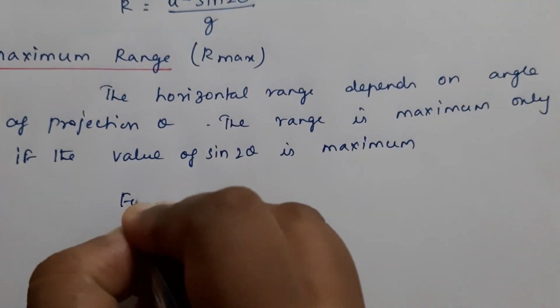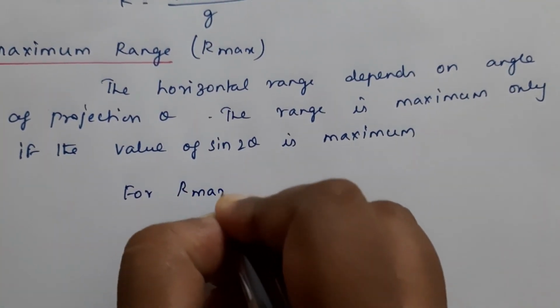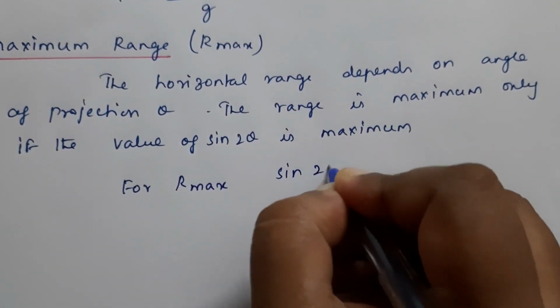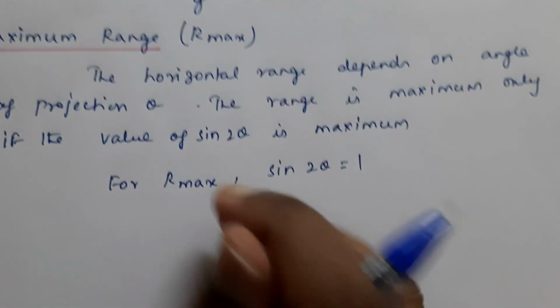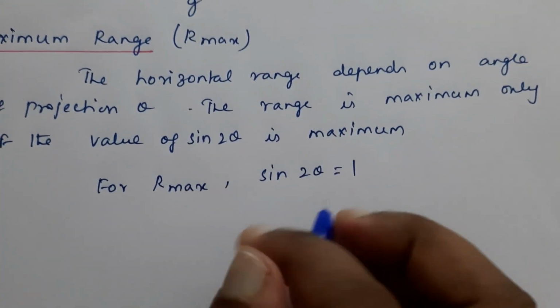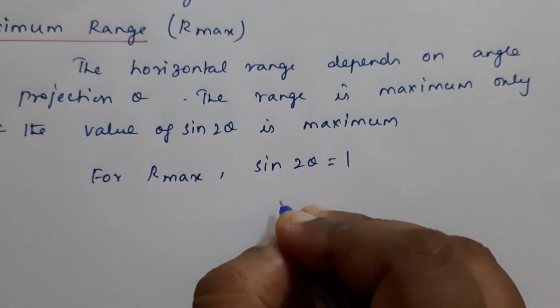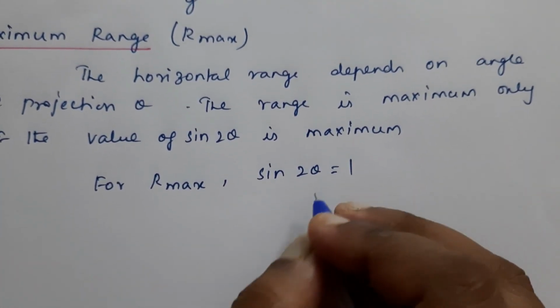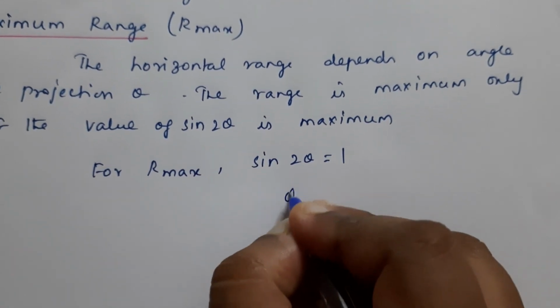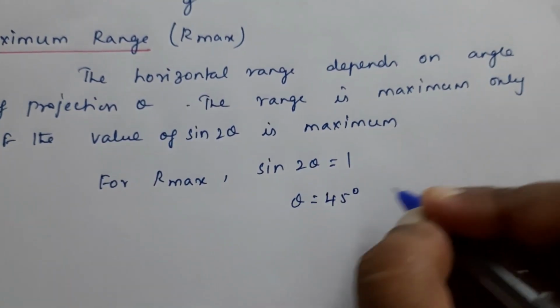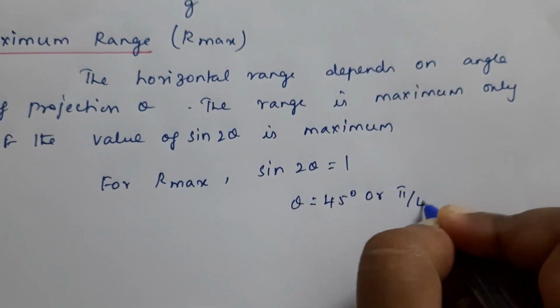So for R maximum, the sin 2 theta value should be 1. When sin 2 theta is 1, it is sin 90, which is 1. So theta should be equal to what? 45 degrees, or pi by 4.